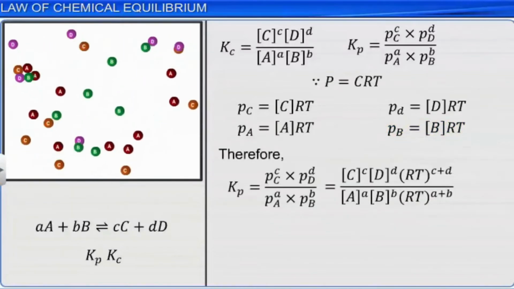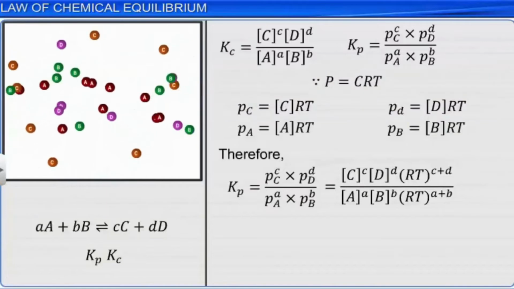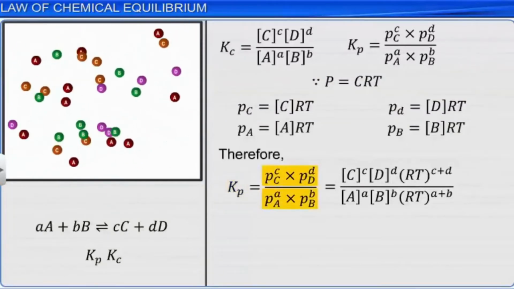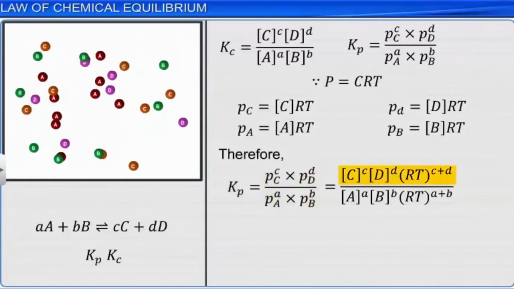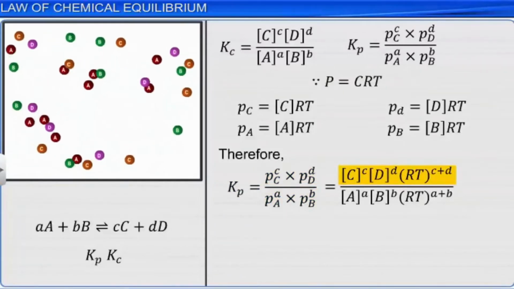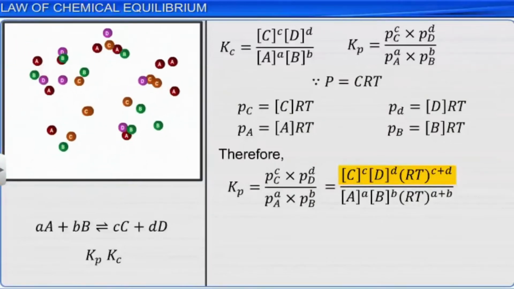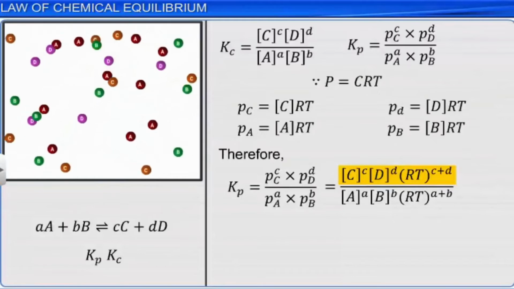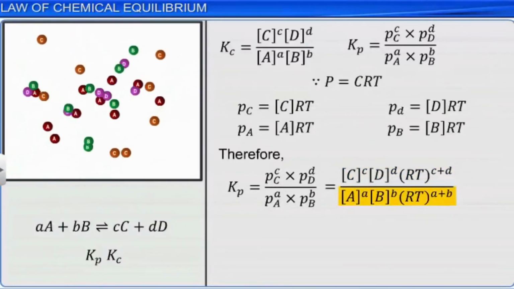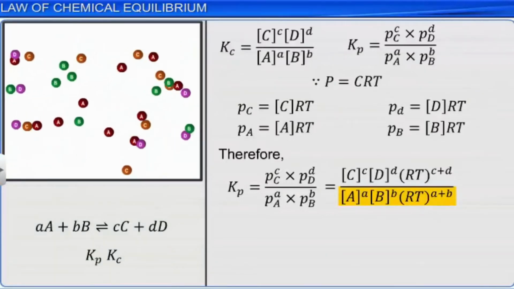the equilibrium constant in terms of concentration can be written as Kp is equal to the product of the concentration of the products C raised to the power of c, the concentration of D raised to the power of d, multiplied by the product of R and T raised to the power of c plus d, divided by the product of the concentrations of the reactants A raised to the power of a and B raised to the power of b multiplied by the product of R and T raised to the power of a plus b.